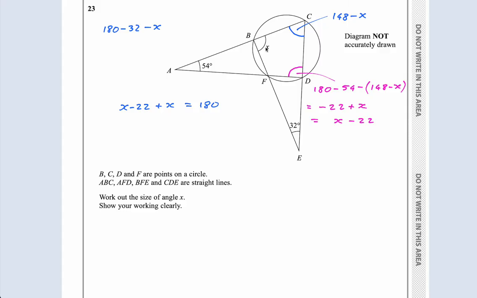I kind of knew from the beginning that if I could find this angle in terms of x, I was good to go, and I knew I'd have to use the 32 and the 54. So now I just need to solve this. x plus x is 2x. 180 plus 22 is 202. Then divide by 2, x is equal to 101 degrees. Okay, guys, that's not easy. I'm sure there's plenty of other ways to do it, but that's the one I found most straightforward.